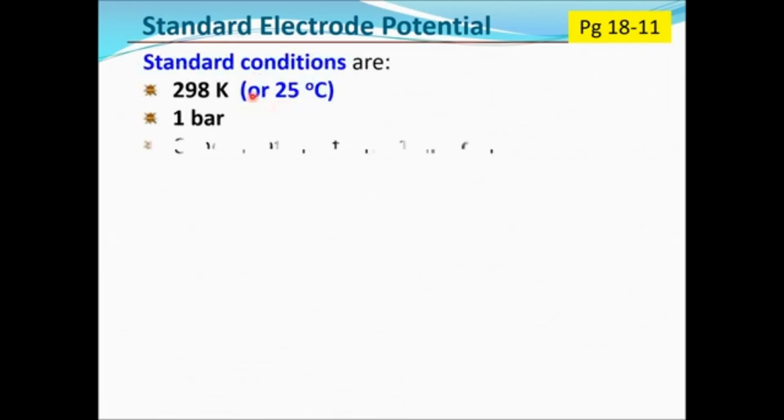So this standard represents the factors that we do want to fix, and the standard conditions are 298 Kelvin, 1 bar for the relevant gas that's involved, partial pressure of the gas 1 bar, as well as a concentration of ion at 1 mole per dm cube. So this is quite important to understand, right?